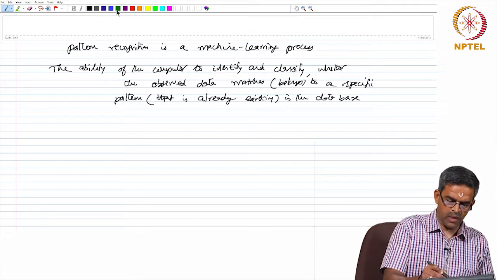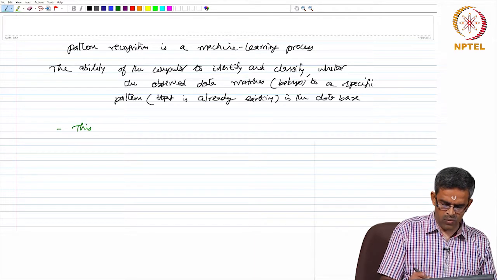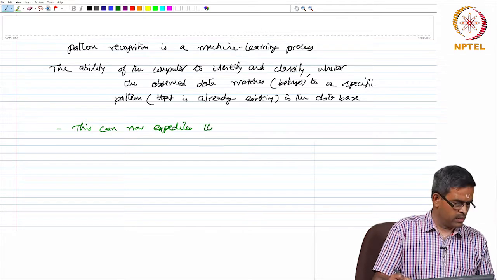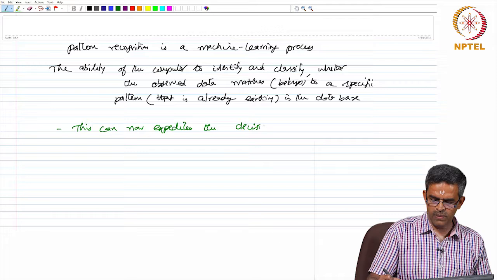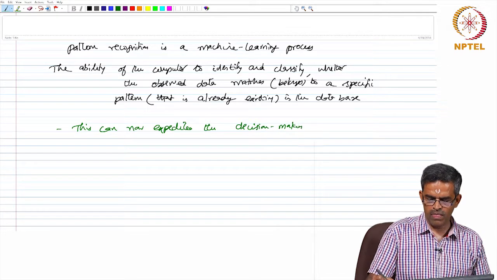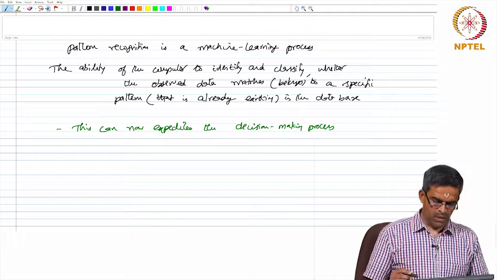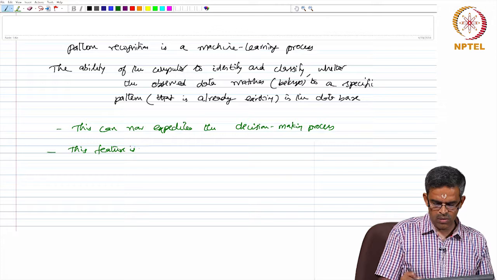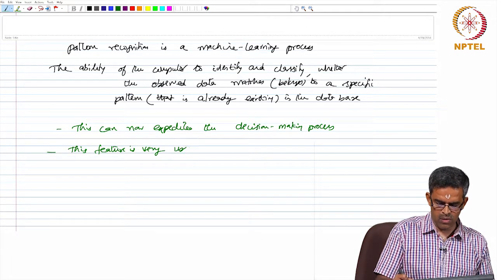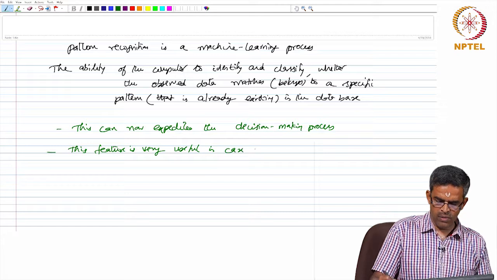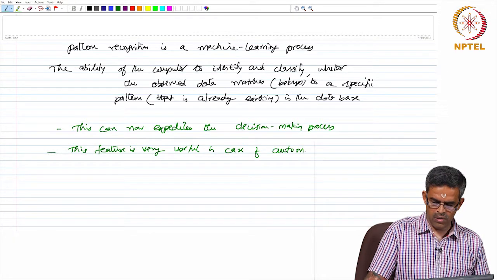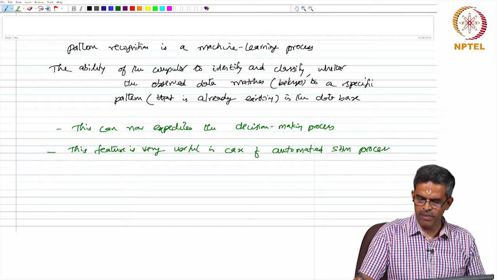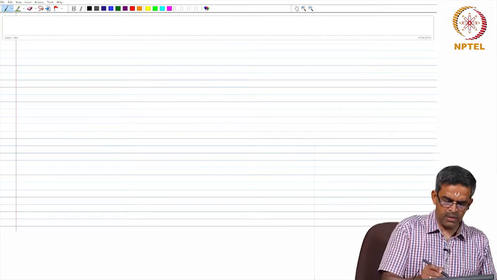Okay. So, what is the advantage of this? This can now expedite the decision making process. This feature is very useful in case of automated SHM processes.